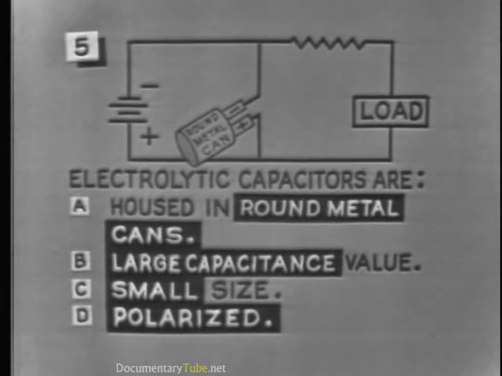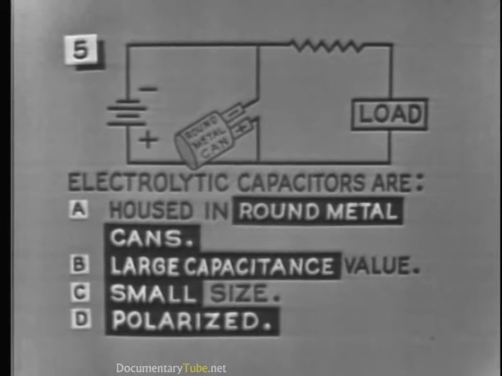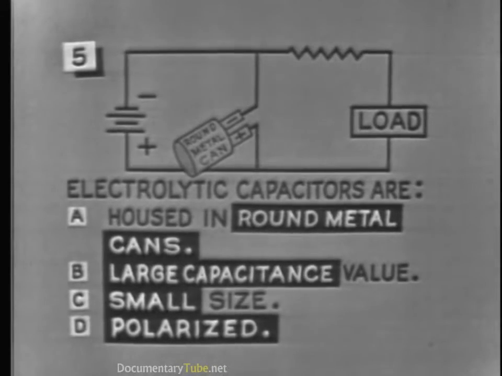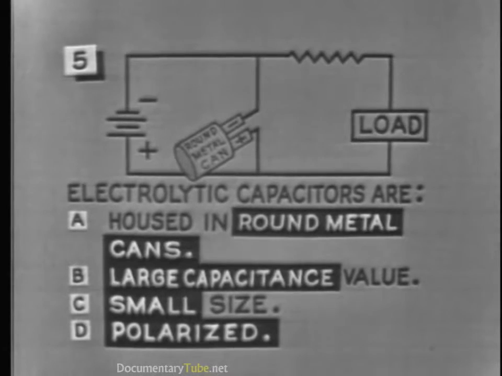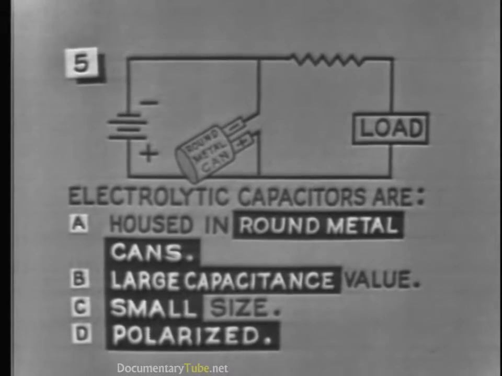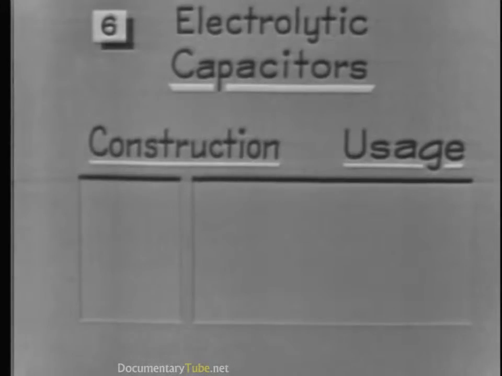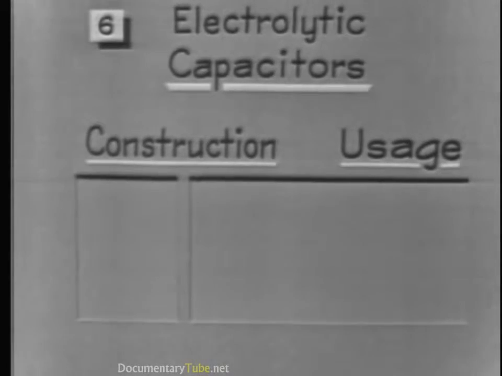You should have completed the statement so it reads like this. Electrolytic capacitors are housed in round metal cans, have large capacitance, are small in size, and are polarized. Try number 6.